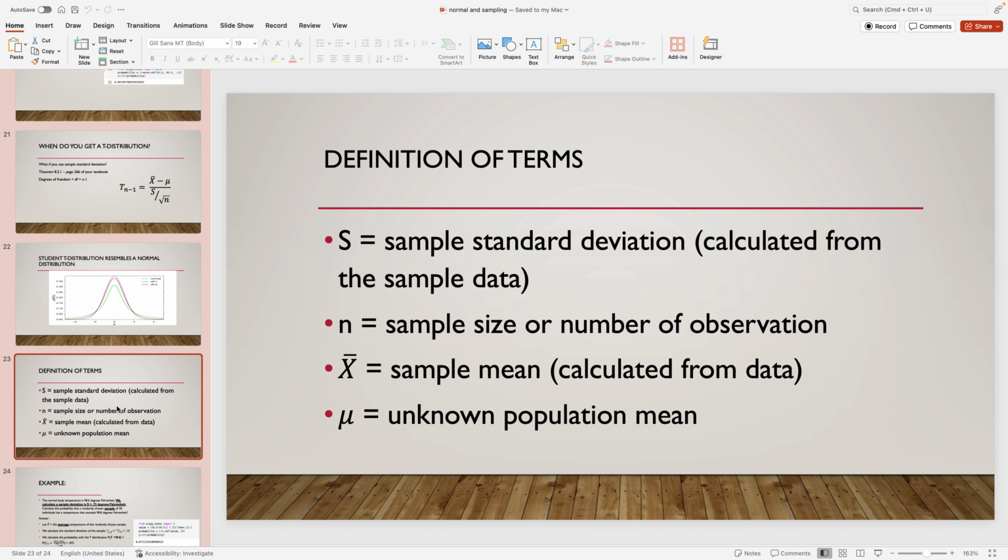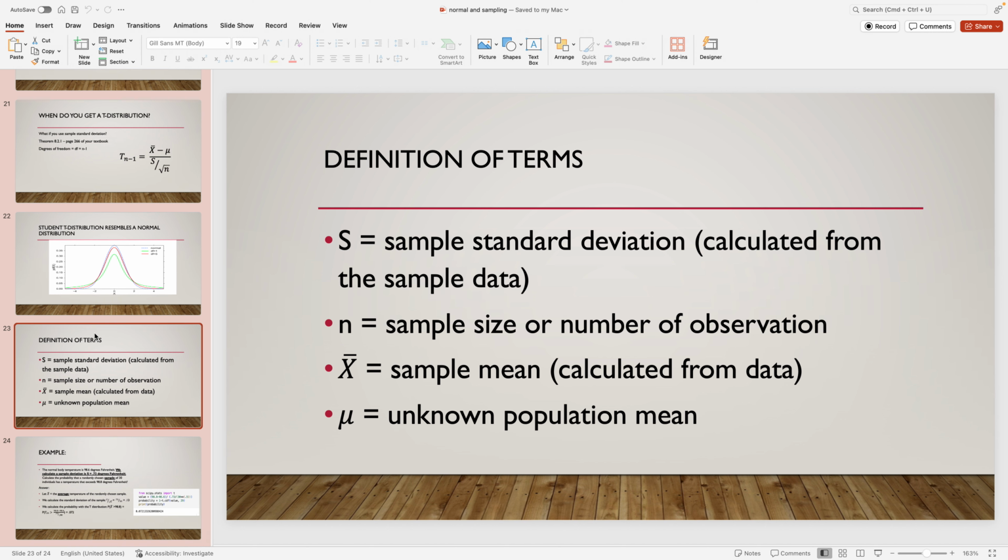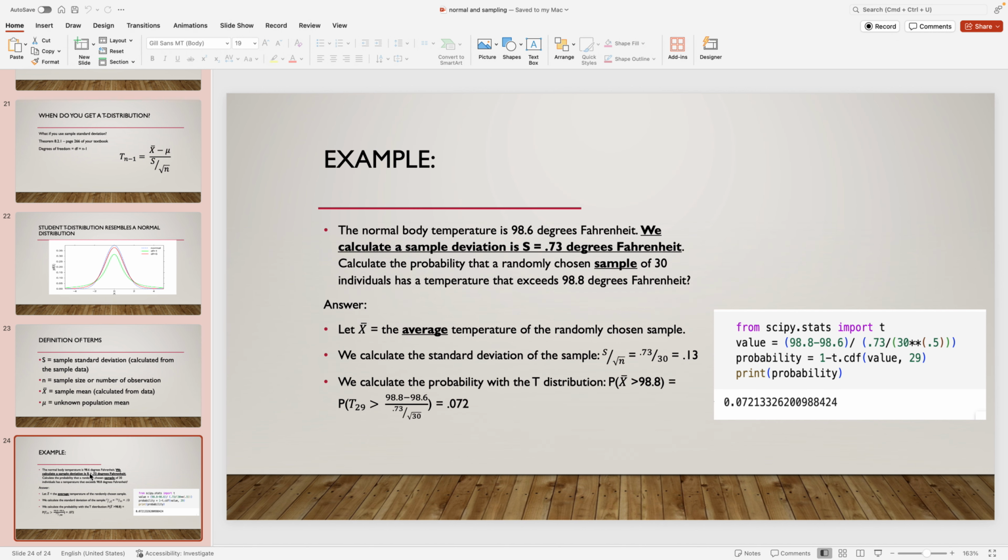So these are all the terms that were used in the sampling distribution for the t-distribution. Notice it is a sampling distribution again, and we're going to calculate some probabilities with the t-distribution. So suppose now we return to the normal body temperature of 98.6.